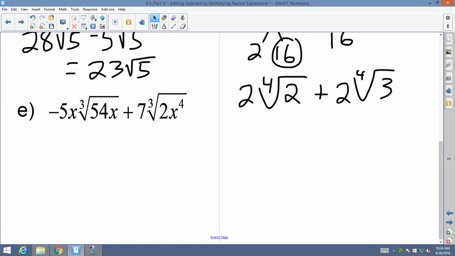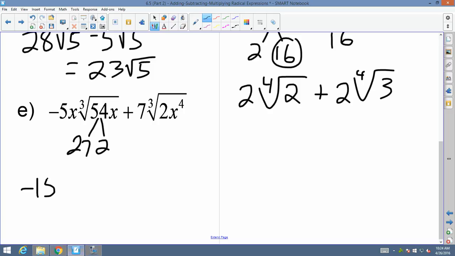What do I do? How do I break down this 54? This is 27 and 2. Very good. What's the cube root of 27? 3. What's 3 times negative 5? So I got negative 15x cube root of 2x. All right.